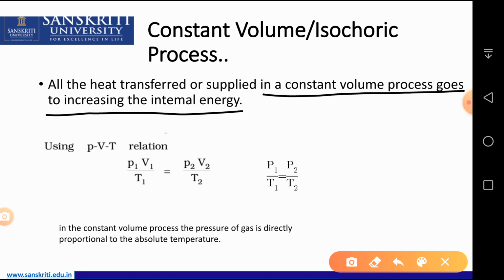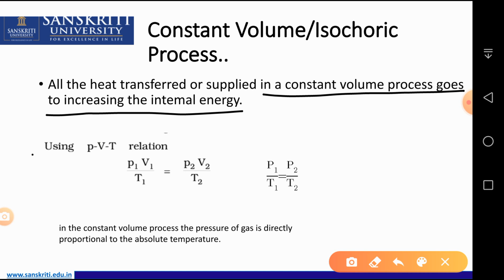If you supply heat energy to the system and hold the piston, which is immovable, the energy of the gas inside increases, so we can say the internal energy changes. The volume does not change.